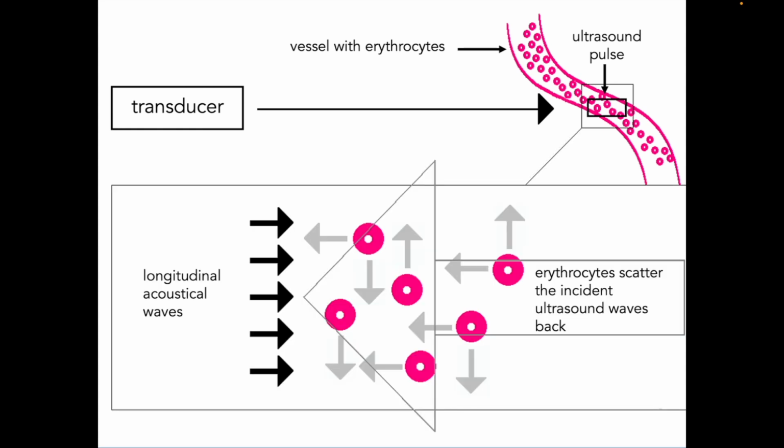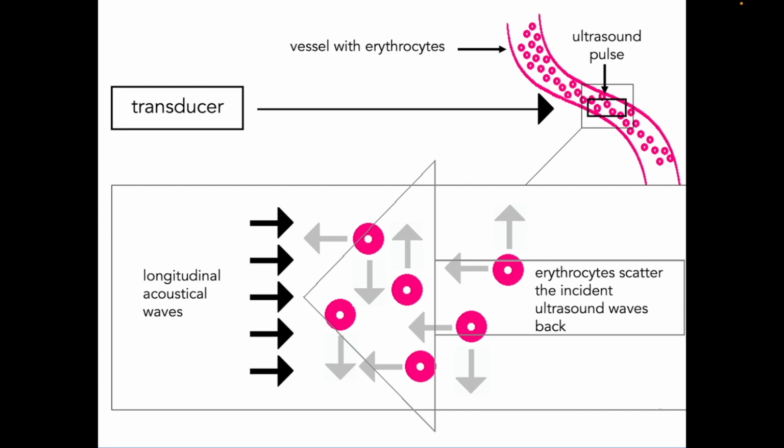The lower half of the image illustrates the interaction between the incoming ultrasound, which is depicted by the short black arrows, and the erythrocytes. Since the wavelength of the ultrasound is 100 times longer than the size of the erythrocytes, the ultrasound is not just reflected, but scattered into all directions.